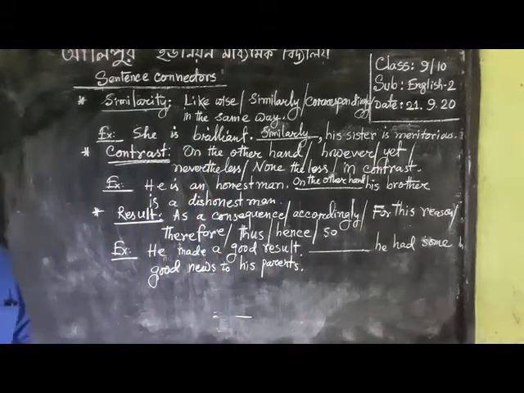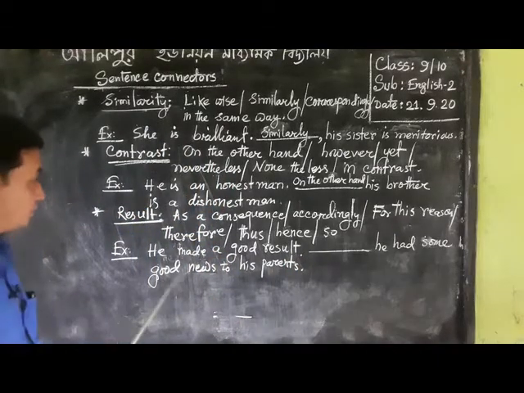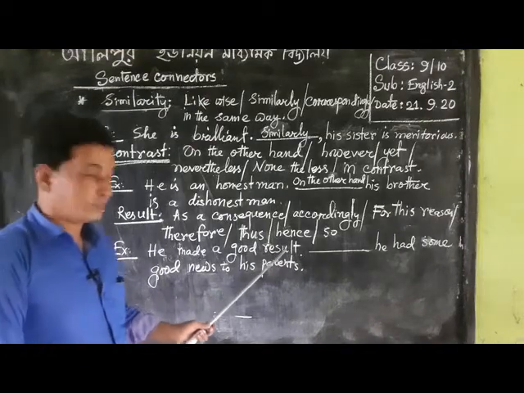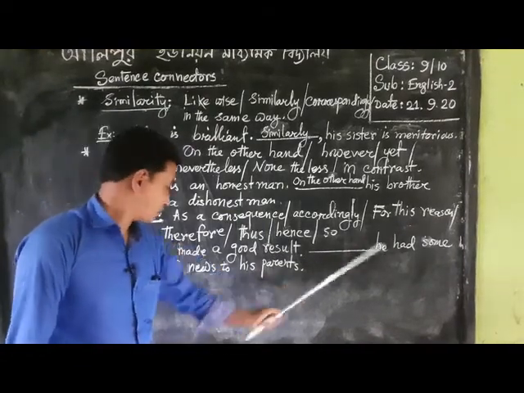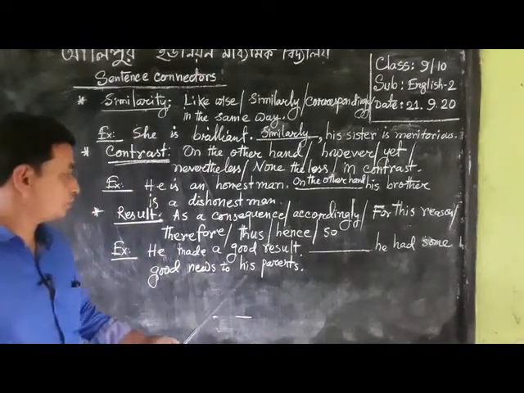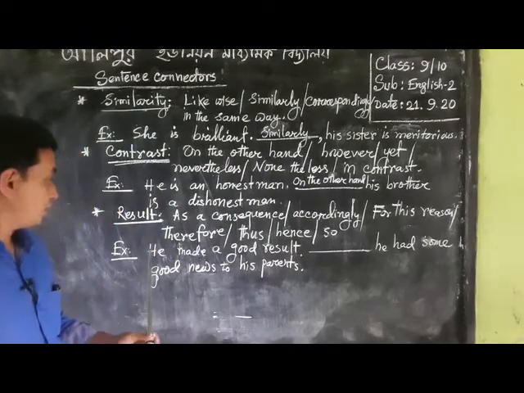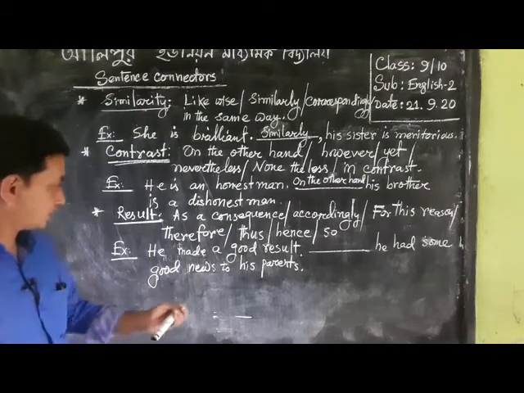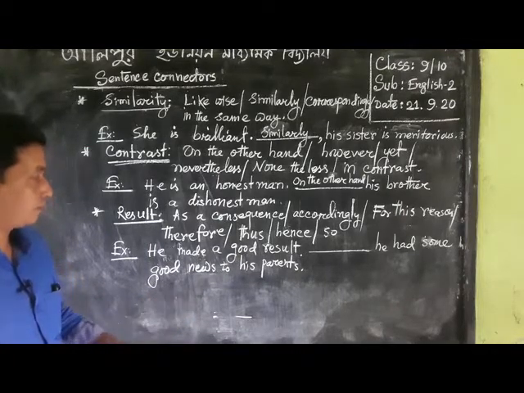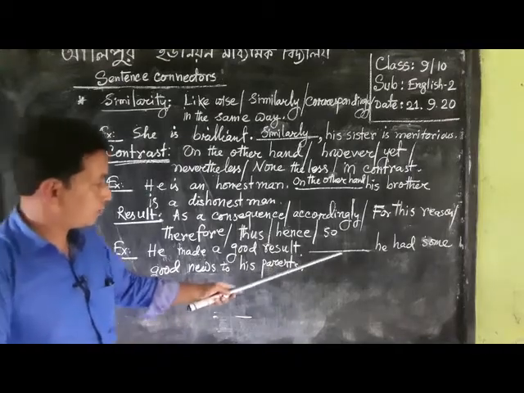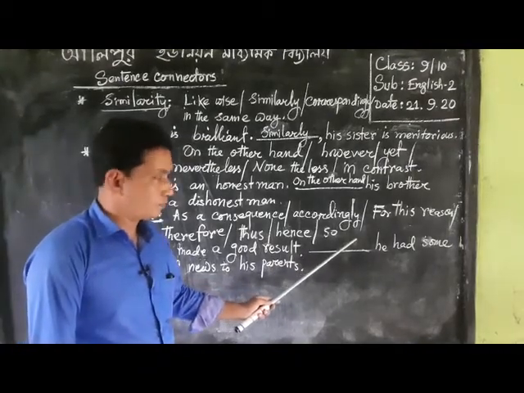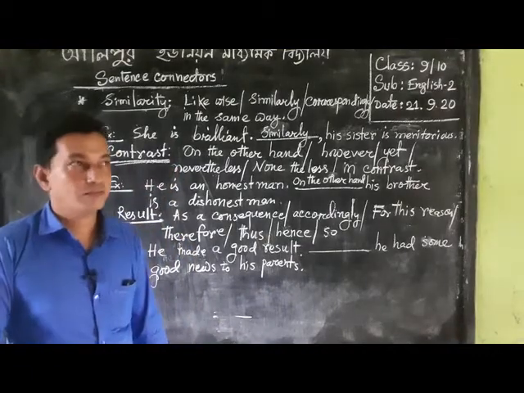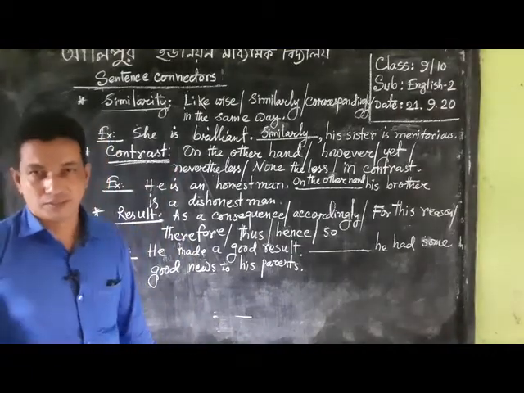Learners, let's have a look on the blackboard. There are two sentences here. He made a good result. Blank, he had some good news to his parents, because he made a good result. This is an activity of his day-to-day life, and there is a result because he did something, and for this purpose, what is the result of his action?